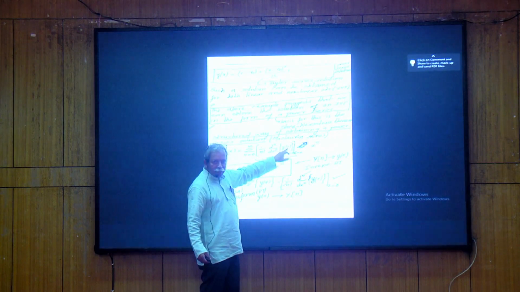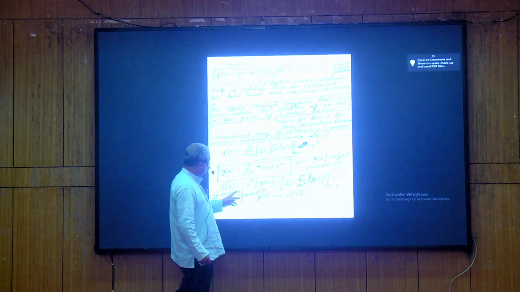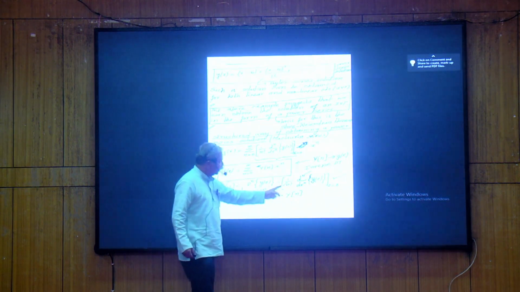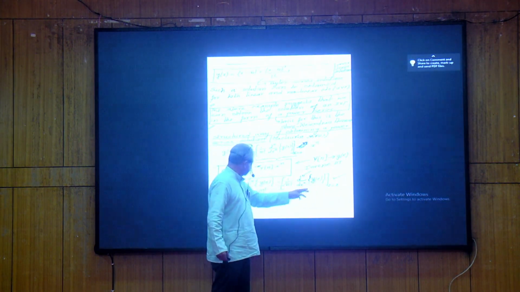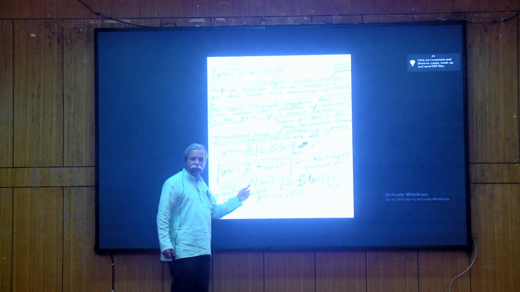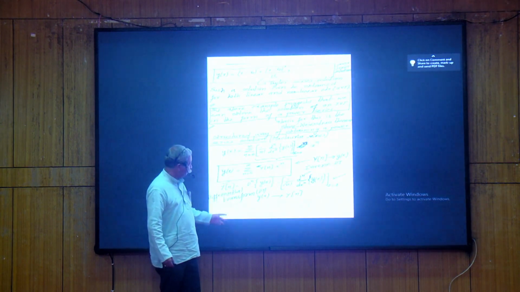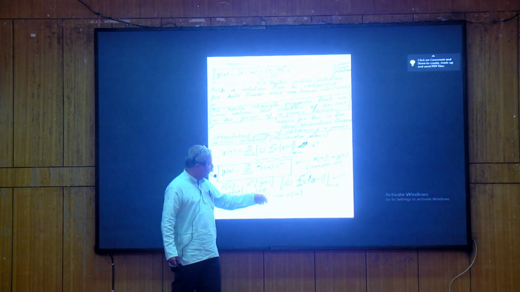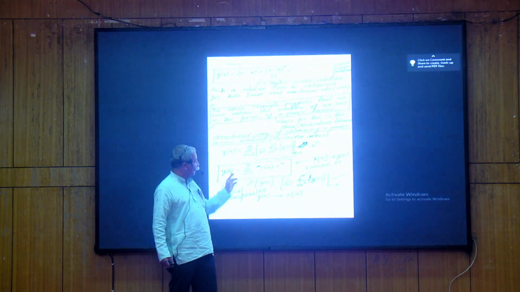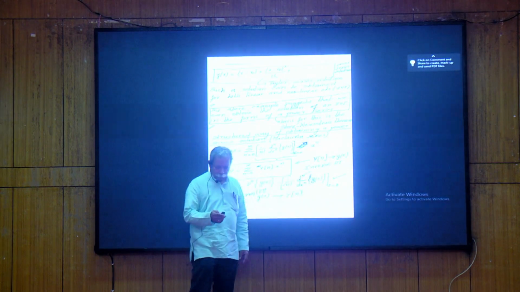From y of x I have obtained Y of n. So you can think of this to be a transform, a differential transform. Okay. So from Y of n I can again get back my y of x. So this is an inverse differential transform.